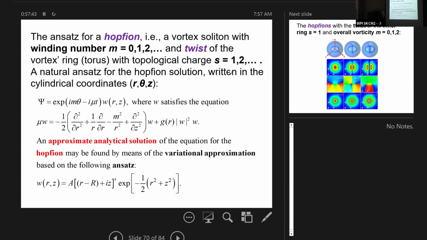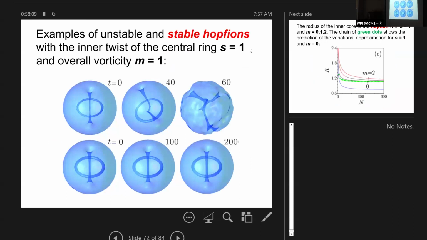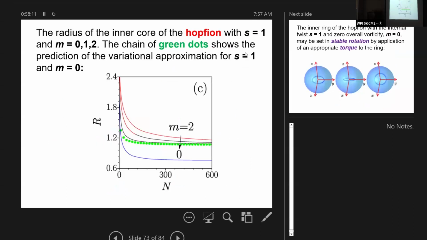It can be used for some analytical calculation. Namely, we can write the Lagrangian of the system of the stationary equation, substitute the ansatz, and try to apply analytically the variational approximation. And in spite of the fact that obviously we are trying to approximate a very complex object, this variational approximation, quite surprisingly, is analytical and produces rather accurate results. Now an illustration of this finding is here. This is a summary of results.